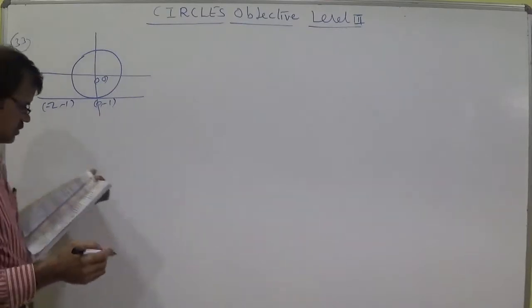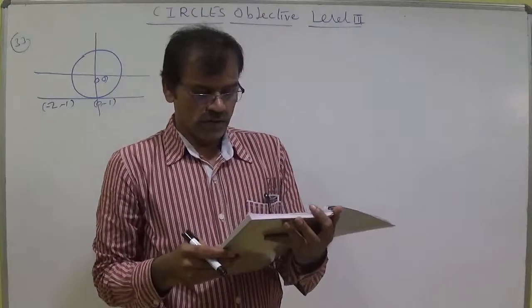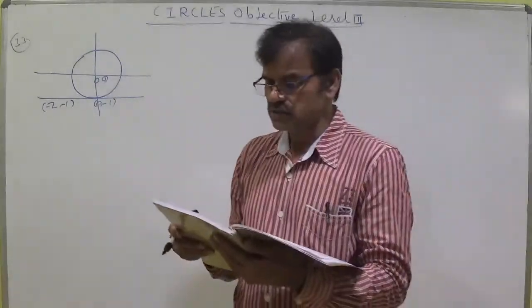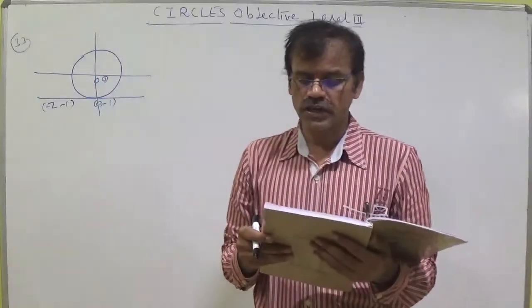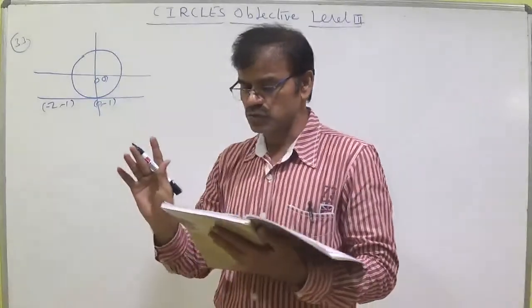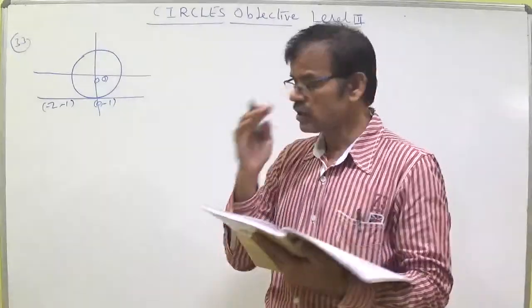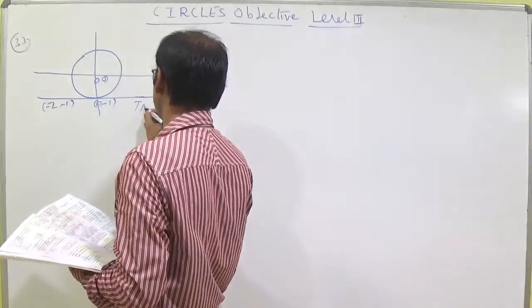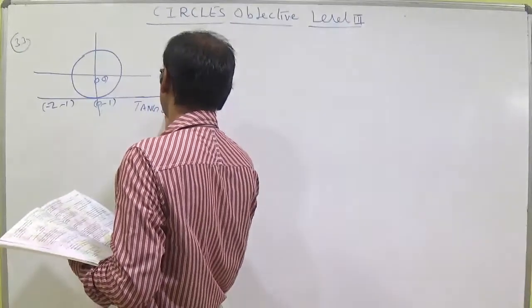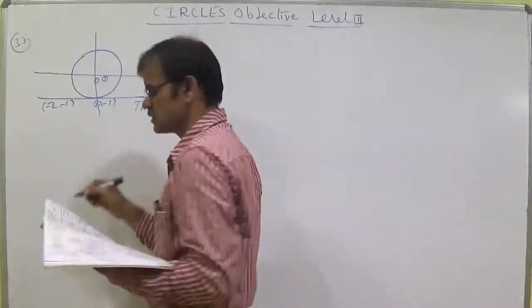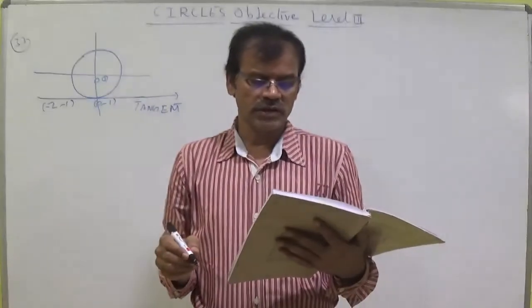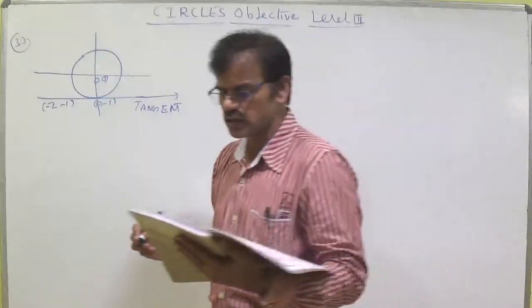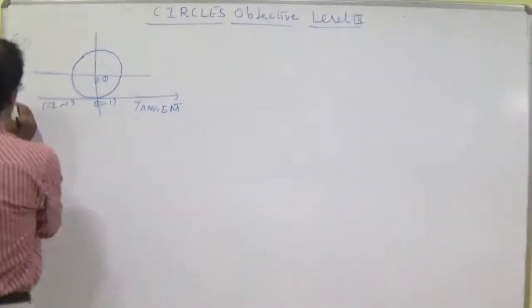This is a circle, and the tangent is passing through 0, minus 1. A ray of light incident at the point minus 2, minus 1 gets reflected from the tangent at 0, minus 1. This is a tangent passing through the point 0, minus 1. The reflected ray touches the circle.